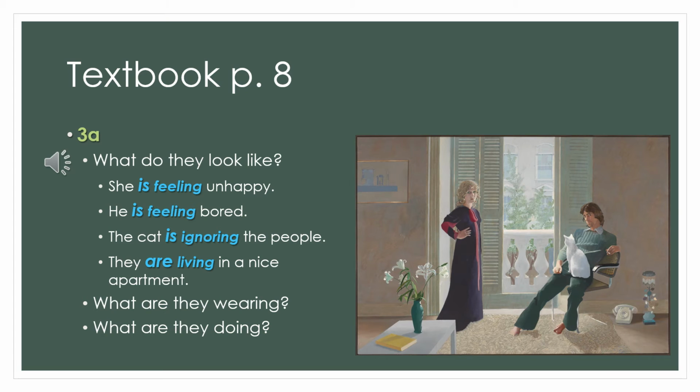Remember, for present progressive, the auxiliary verb to be must be in the present tense. Is is in the present tense. Are is also in the present tense. To make the verb progressive, remember you take the base form of the verb and add ing.